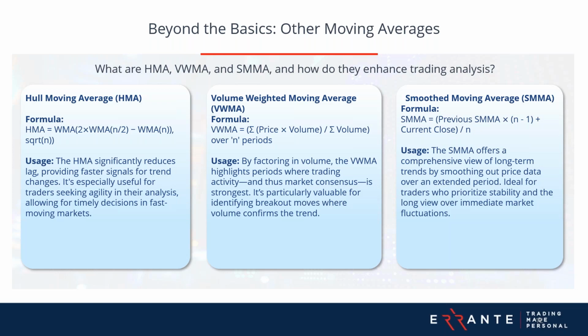This moving average is particularly suited for traders who base their strategies on the overarching direction of the market, those who require a stable and reliable indicator that reflects long-term trends. By understanding and applying these specific formulas, HMA, VWMA, and SMMA, traders can equip themselves with a nuanced view of market dynamics.